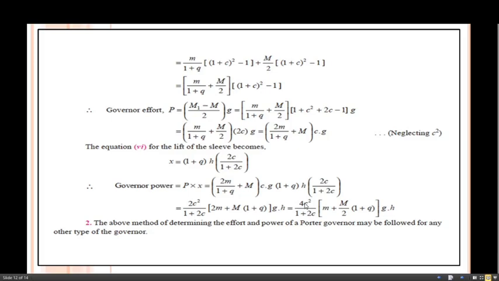You can get the final relation for governor power: 4c square divided by (1 plus 2c), bracket small m plus m by 2, into (1 plus q) into g into h. So the same method we can apply for other governors also, to get the effort and power of the governor.